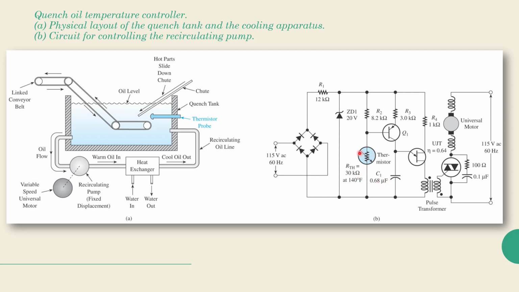But we can just say that as this changes, so does the output of this circuit. And in this case, I'm changing the speed of a motor. This motor speed is changing directly as a consequence, and this associated circuitry with the resistance, with the temperature of this oil.